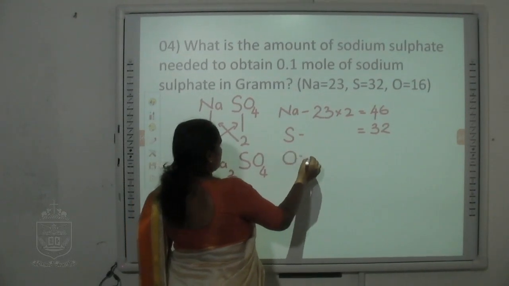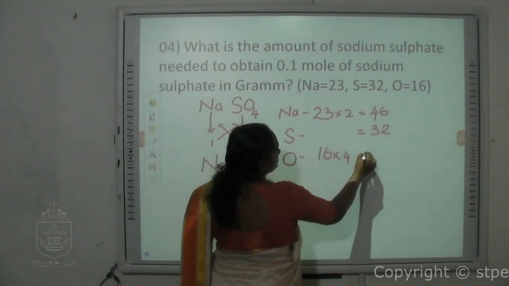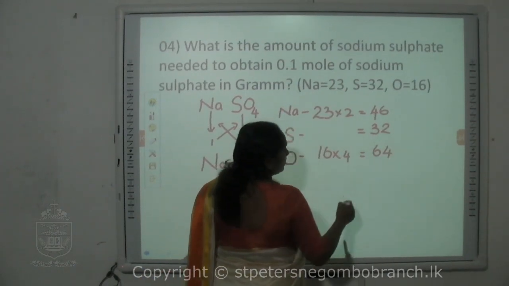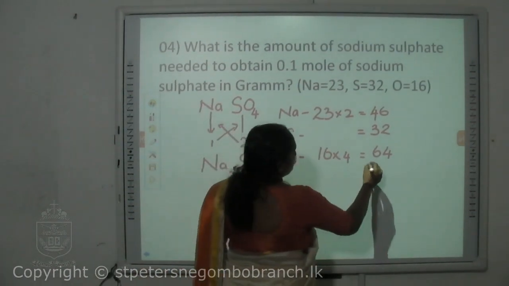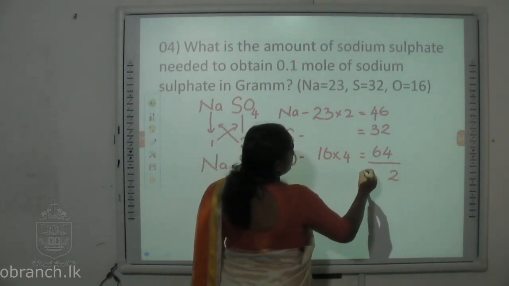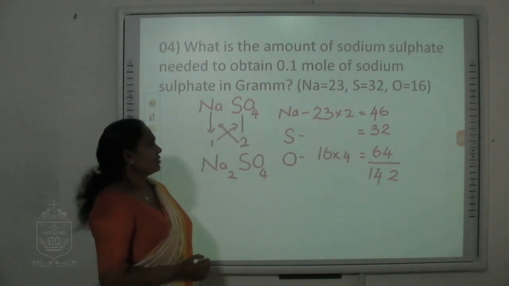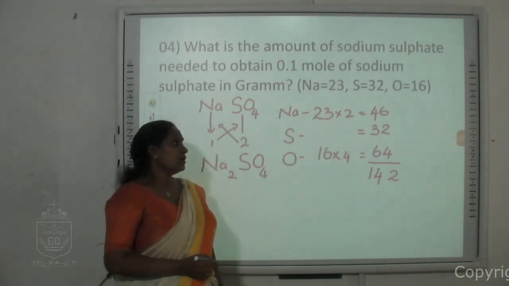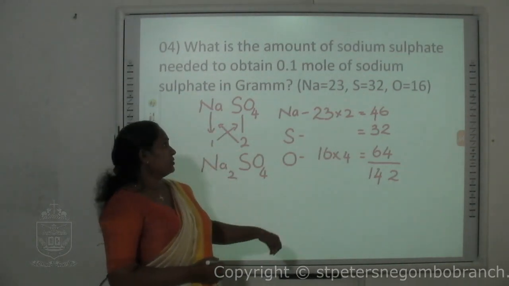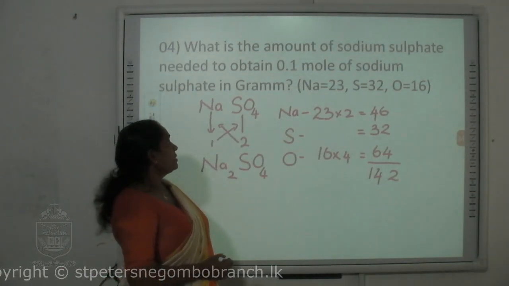Oxygen 16 into 4, 64. Right? The relative molecular mass of sodium sulfate is 142. If you know this, we can find out the grams we need to get 0.1 mole.